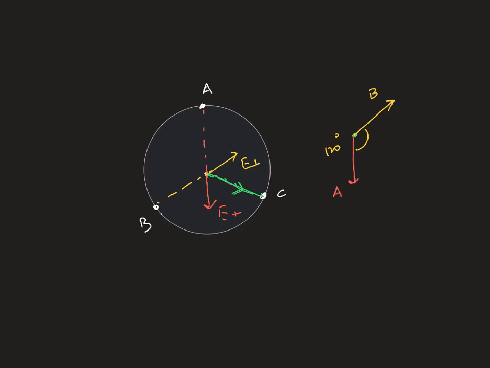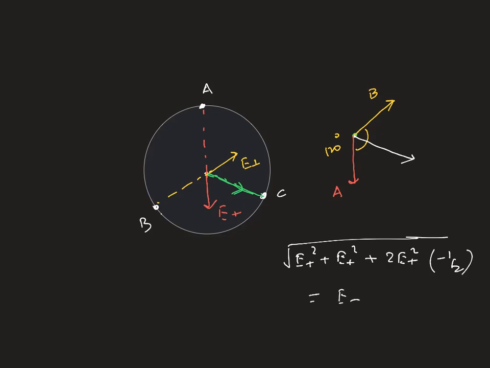And what will be their resultant? Obviously their resultant will be somewhere along the angle bisector, and you can very easily find it out: root under E perpendicular squared plus E perpendicular squared plus 2 E perpendicular squared cos 120, that is minus half, and that will be equal to E perpendicular. Plus we are forgetting one more E perpendicular that was due to C. So what is the net sum of E perpendiculars?